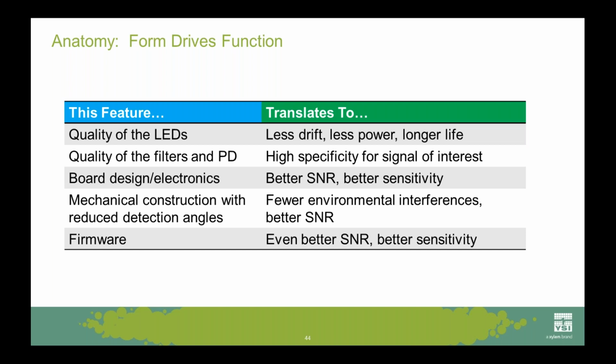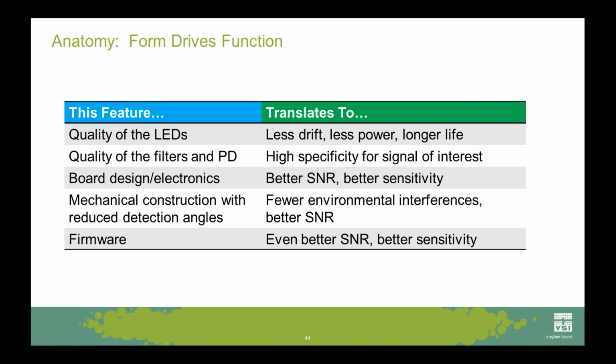That good engineering has given us sensors that drift a lot less, require a lot less power, and last for years. You get a highly specific signal for the pigments you want to detect, with a lot of that noise filtered out. SNR here means signal to noise ratio. That helps you get very, very high specificity.